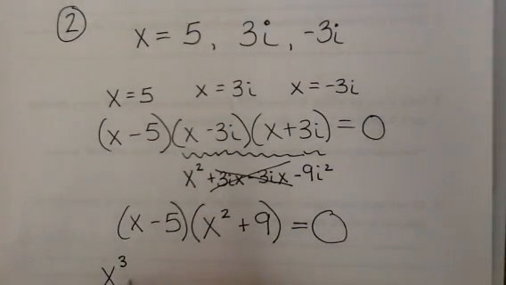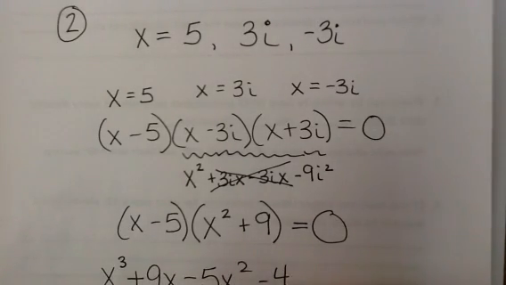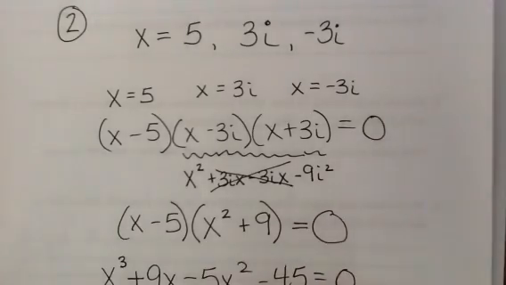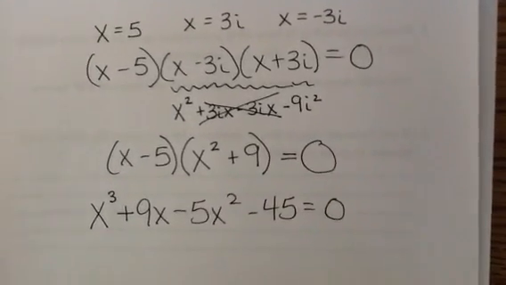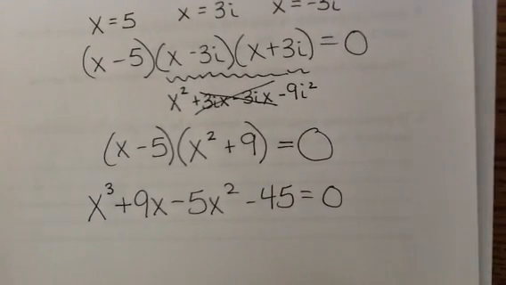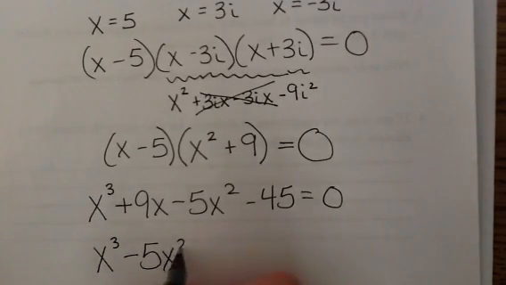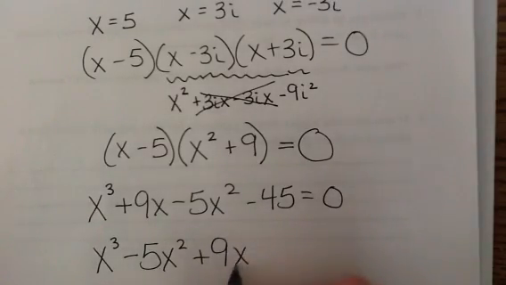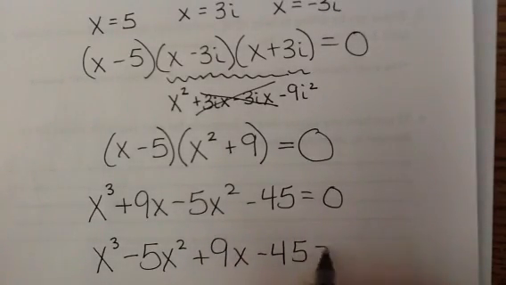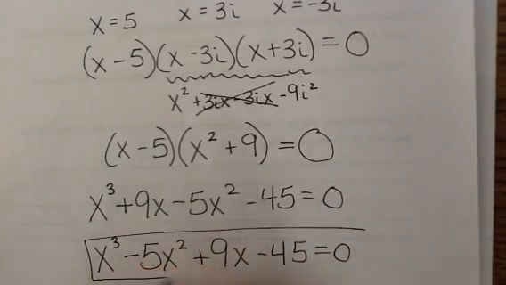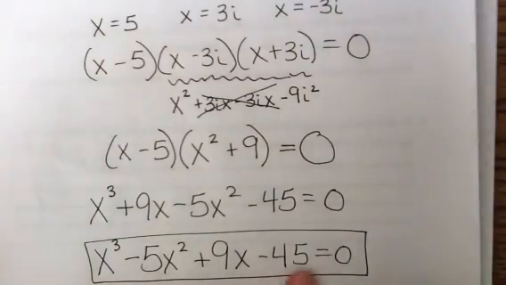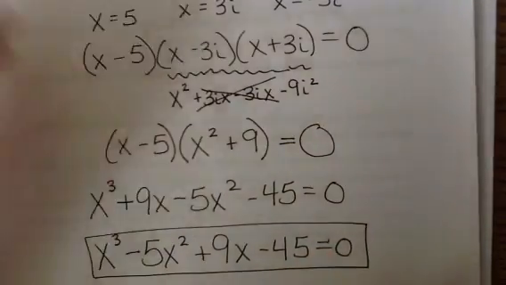So I get x to the third plus 9x minus 5x squared minus 45 equals 0. Do not leave it like that. Okay, you do need to make sure it's in descending order. So x to the third minus 5x squared plus 9x minus 45 equals 0. You have to have the equals 0 to make it an equation.